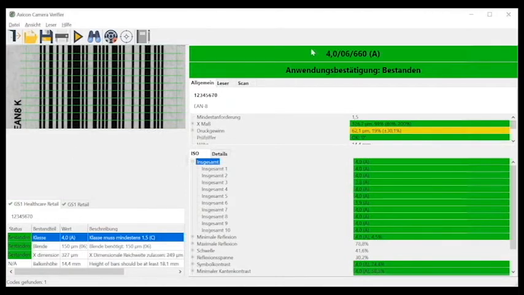Let's do it like this: you have 10 different measurements here, and let's say there's a grade 4 here, a grade 4 there, and also a grade 4 here. But the other measurements are really bad, like a 1, a 0, also a 0 here.